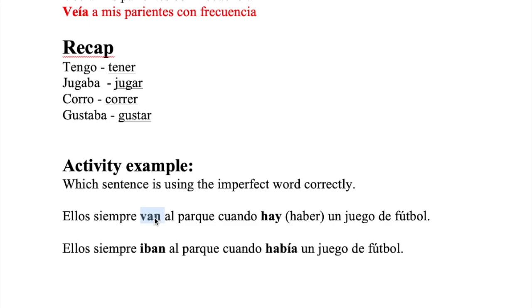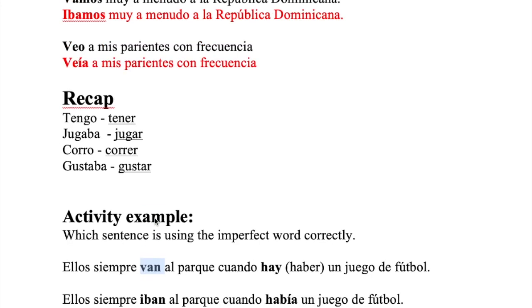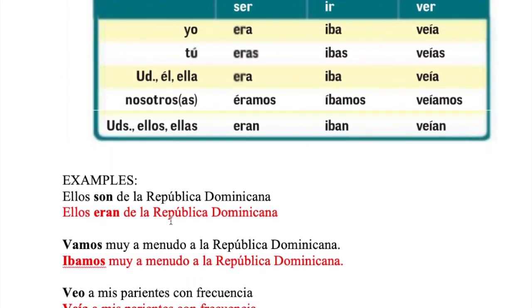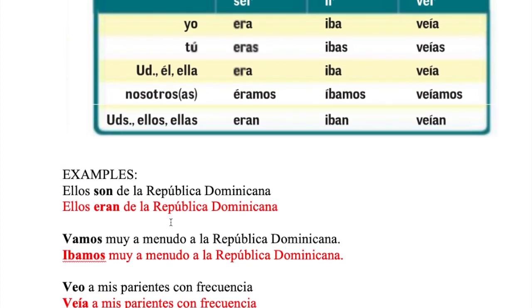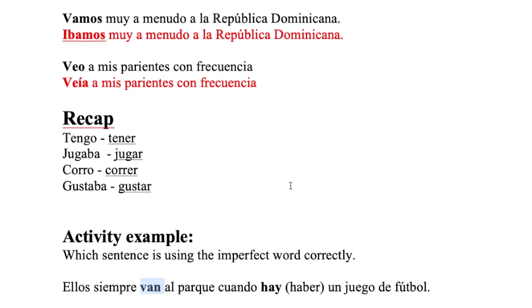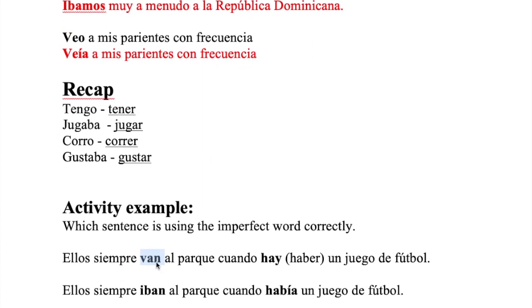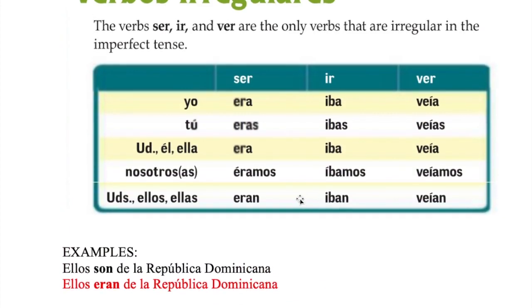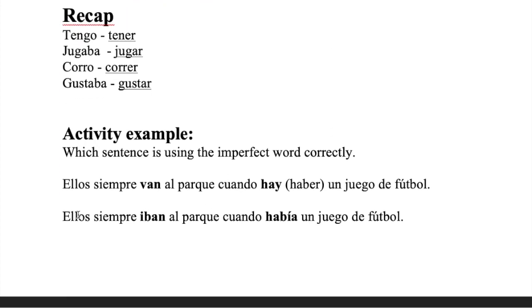So remember, van is another example of going somewhere. So vamos, van, so ir. So ellos siempre van al parque. So all I'm asking you is, changing van would go to iban. So right here, ellos iban.